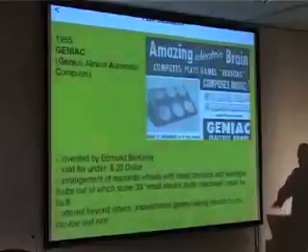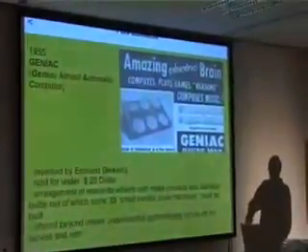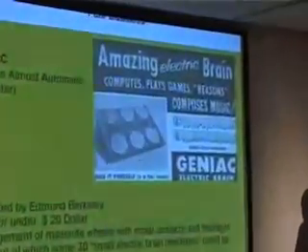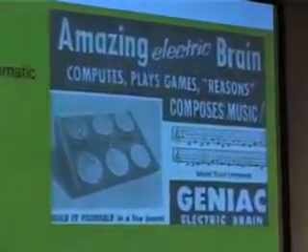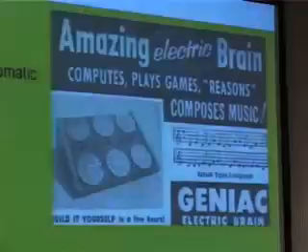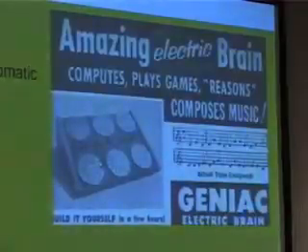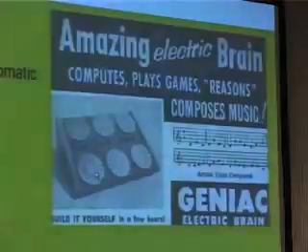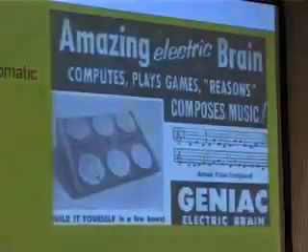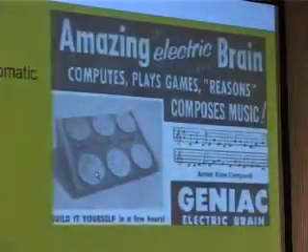Yeah, the Geniac was sold in '55, and it consists mainly of these programmable circles. It can be programmed by wiring.